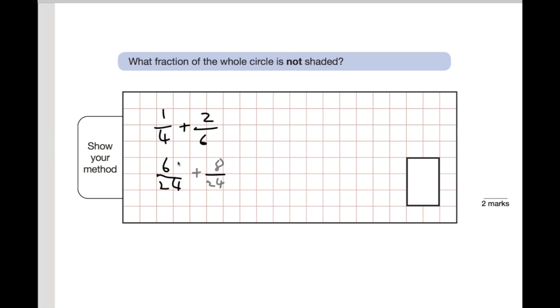So now we can add these. 6 24ths, add 8 24ths is 14 24ths. Now we can simplify our answer before it goes in. We could divide it by 2, and that would give us 7/12. And that's as far as it can go. I can't simplify this any further, so the answer is 7/12.